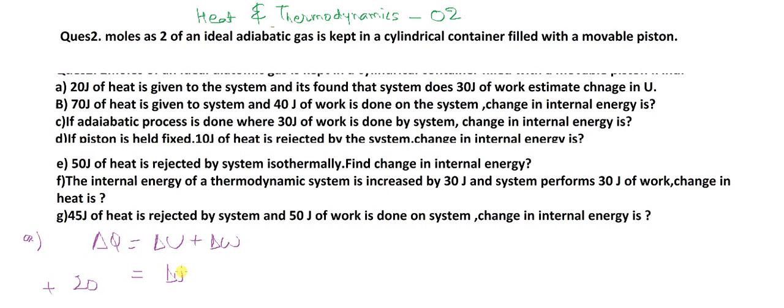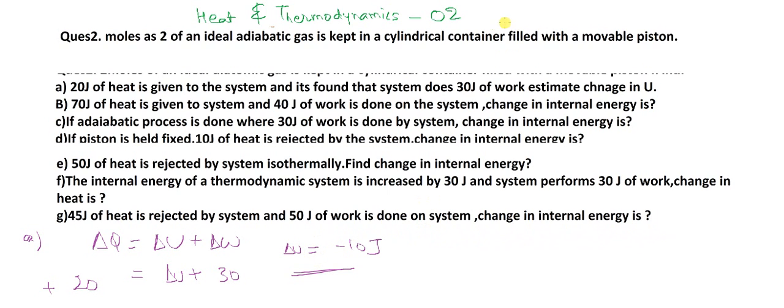So delta U plus 30, obviously work is done by the system, so it will be positive. So the answer of delta U will be minus 10 joules. This is the change in internal energy of the gas. And what does this negative sign show? It shows that the temperature has decreased for the gas.